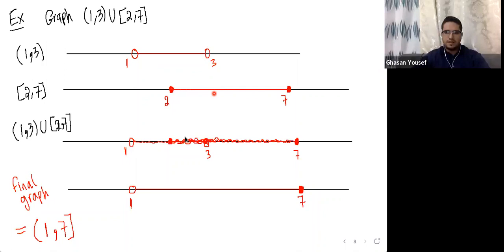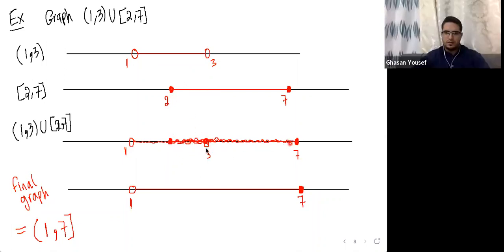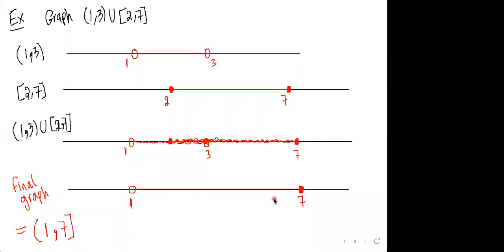And I graph the second one above this one. After we pass the 3 it will be closed, because the second one is on top of the first one, so it's closing the 3. So for the final graph, we graph the same things but make it clearer. At 1 it is open, keep it open. At 7 it is closed, and the 3 is closed. So it will be from 1 to 7. Okay, I get it. Thank you.